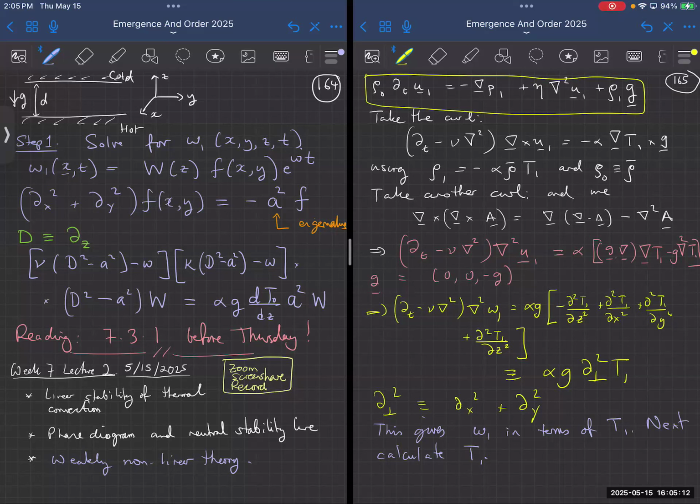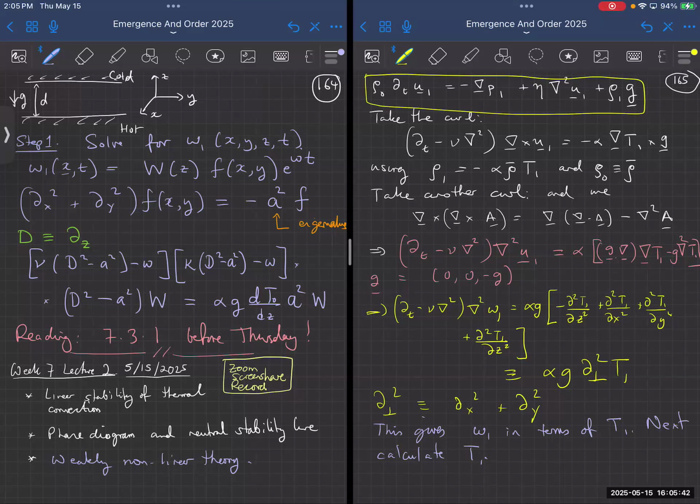We take the curl, and so what happens is the curl goes all the way through. Why do we take a curl? Well, the curl is a good trick to get rid of the pressure. Whenever you're doing fluid mechanics, the pressure is the thing that you hate, because you have to solve for that. So you can get rid of it just by taking the curl, because the pressure only comes in as a gradient. So you take the curl, and of course all of these derivatives commute.